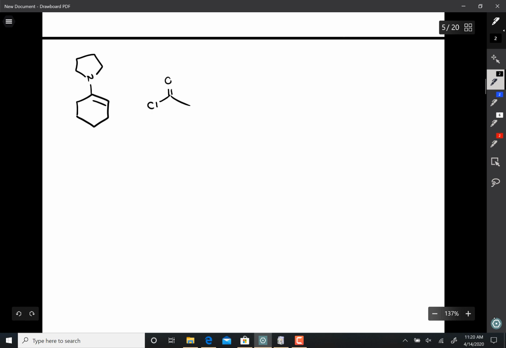You throw in your acid chloride, and it does the acid chloride reaction. Basically just an SN2 reaction, displaces the chloride. And you get this species right here, the aminium.